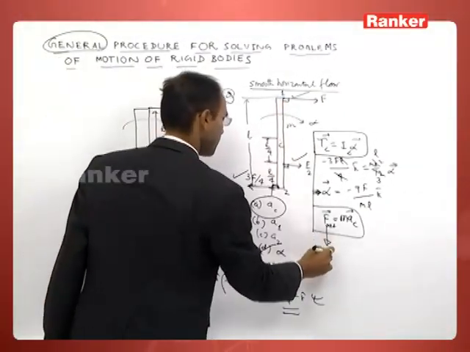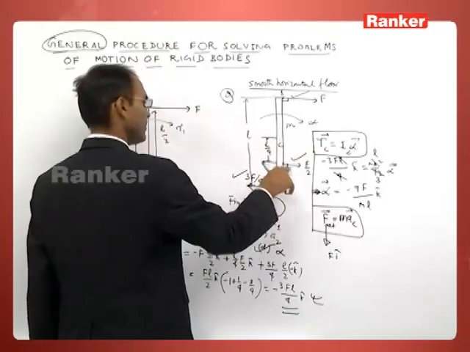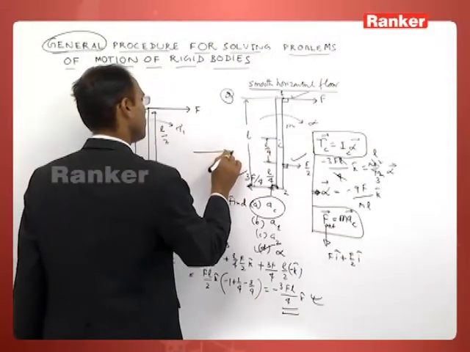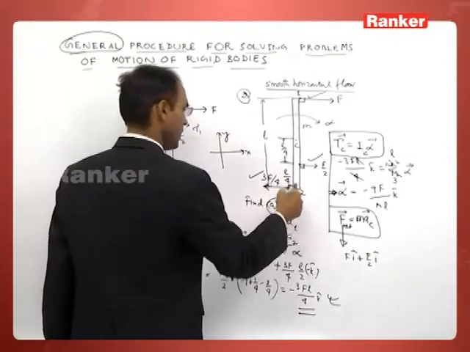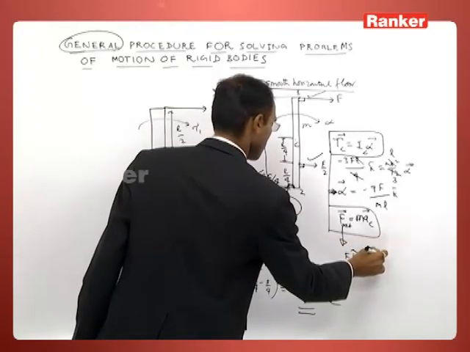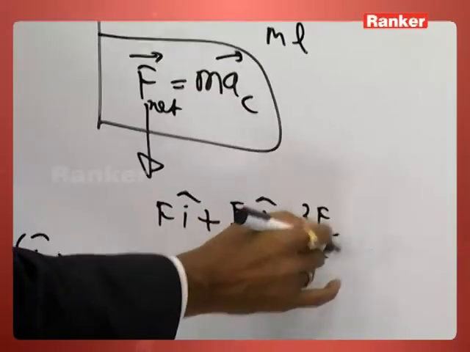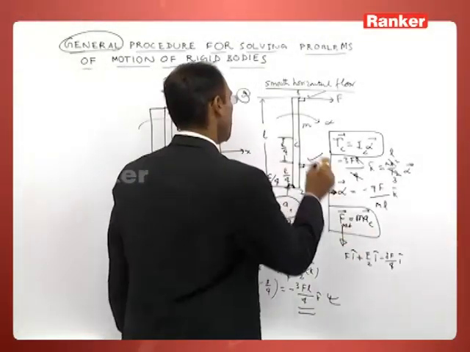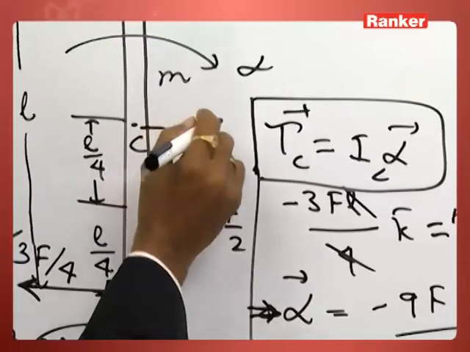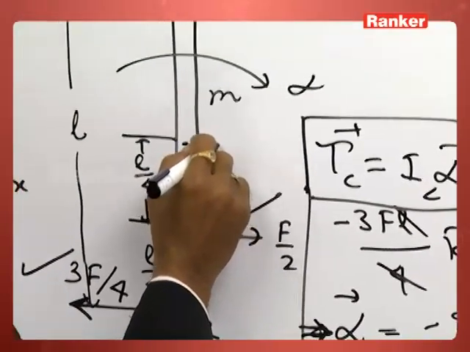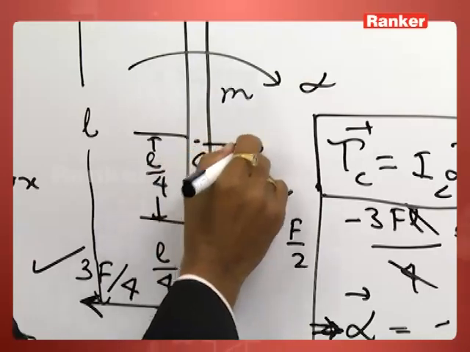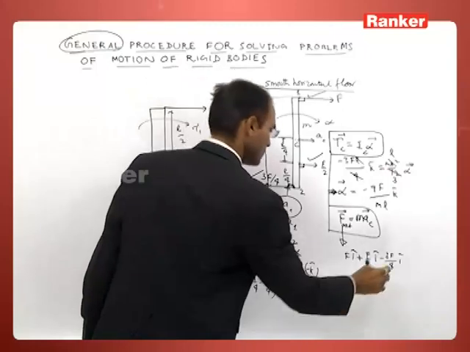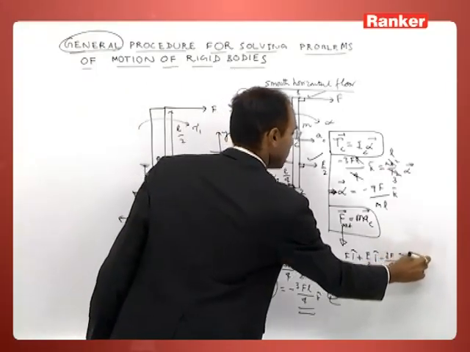This force is F i cap, this force is F by 2 i cap, and this force is 3F by 4 in the minus i cap direction. This is the net force. Let us assume that the center of mass has acceleration A c, so M into A c i cap.